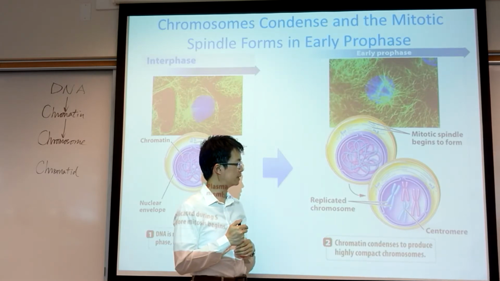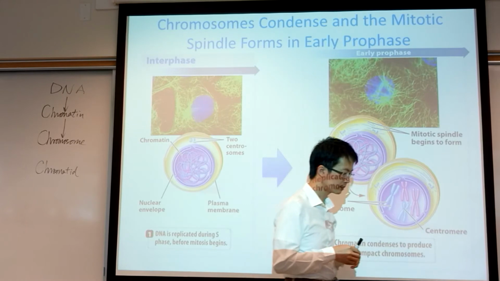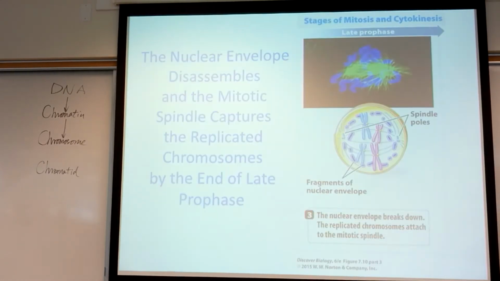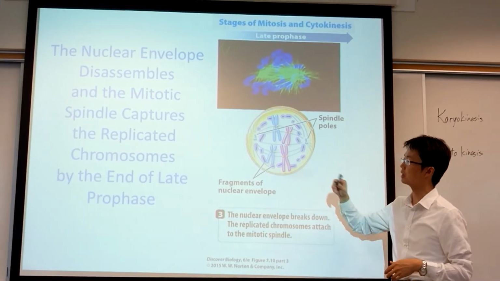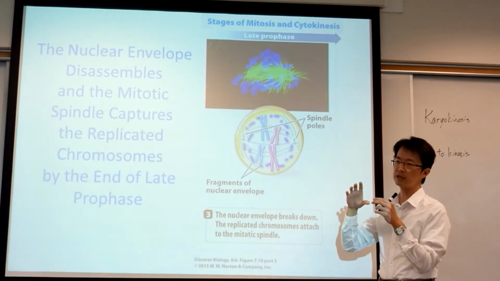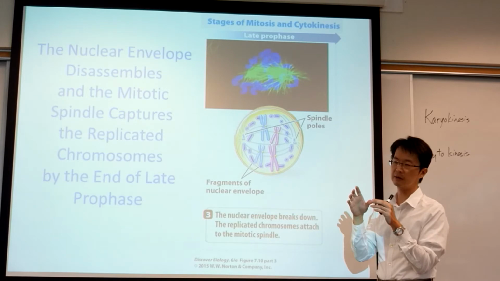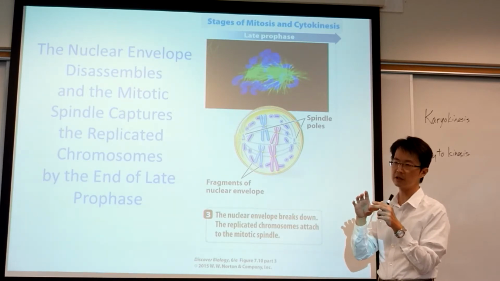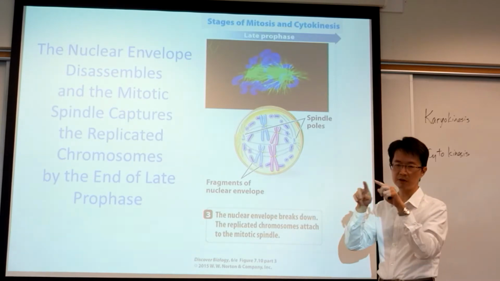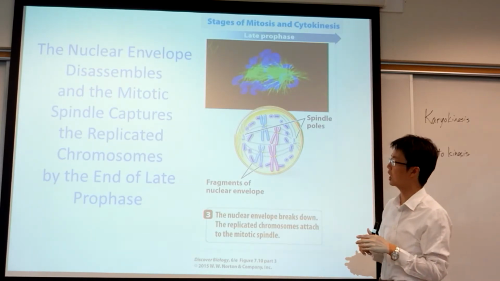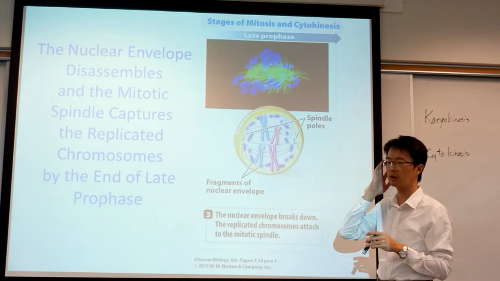Another characteristic is that the nuclear envelope dissolves or disappears. So you can still see a nucleus with a lot of white spaces, but the boundary of the nucleus is fuzzy. It's not very sharp and clear, unlike the one in the interphase.